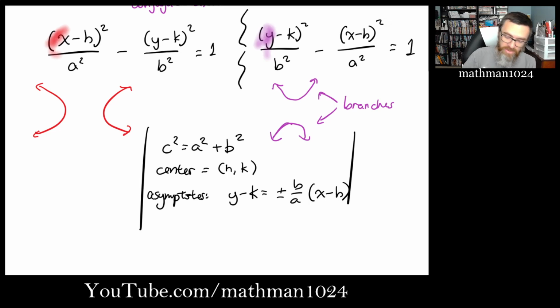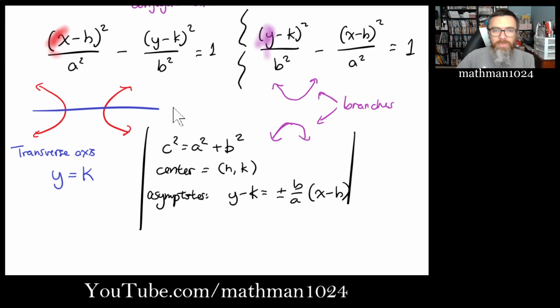When you open out to the left and to the right, your transverse axis is going to be the equation y equals k, because it's going to be this horizontal line that goes through the two foci. However, for the other one, the transverse axis is going to be x is equal to h, because that's going to be the transverse axis going through the two foci.